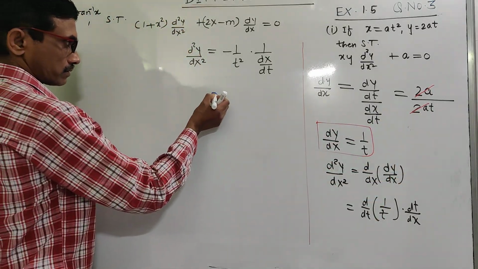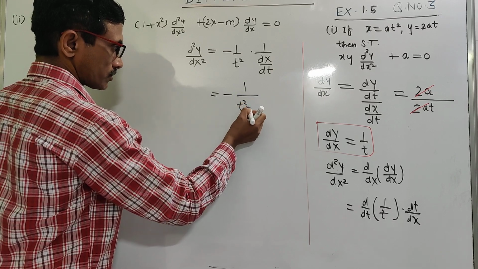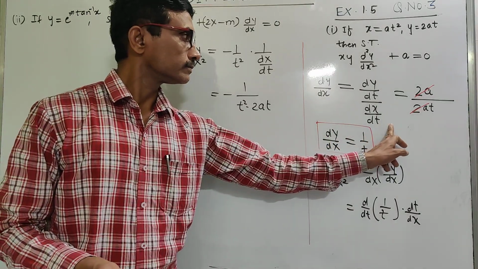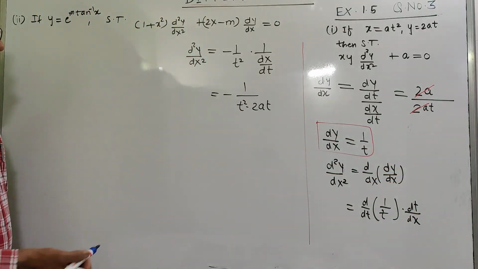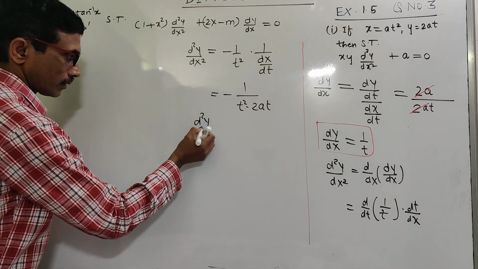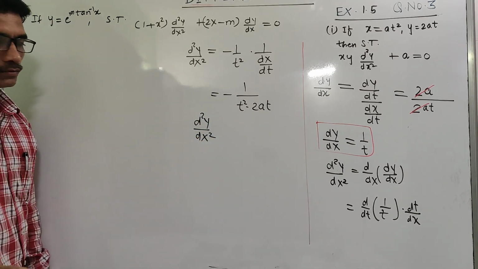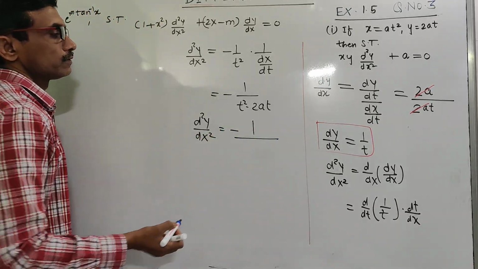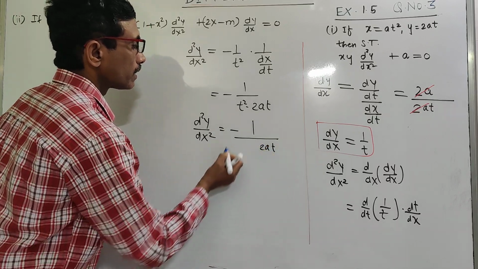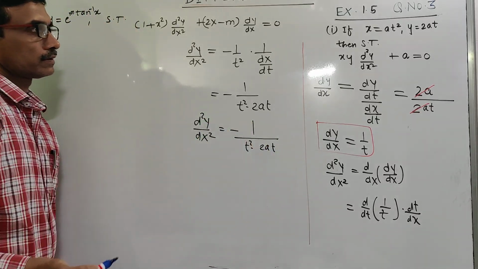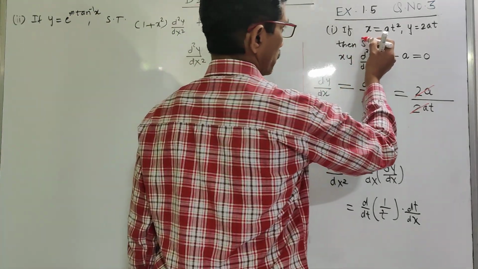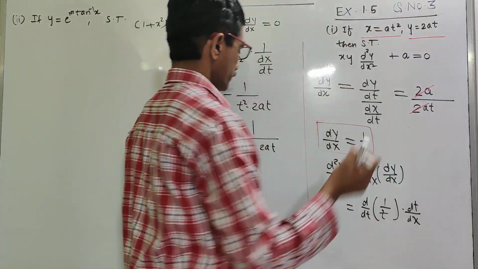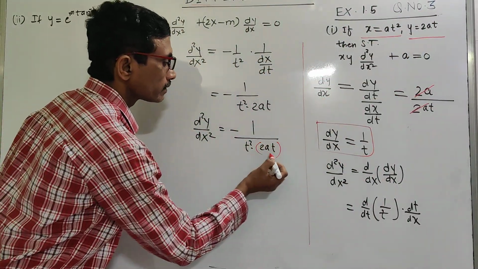So it is minus 1 upon t square into 2at, so d square y upon dx square is equal to minus 1 upon 2at cube. But as we have given x is equal to at square and y is equal to 2at.